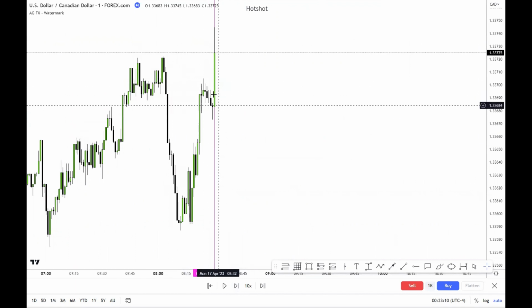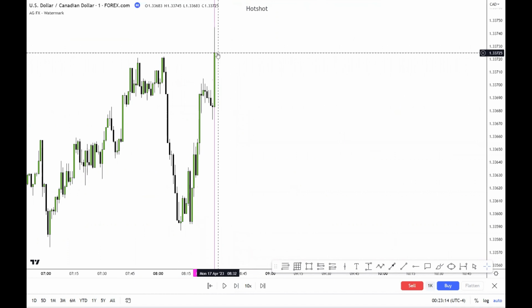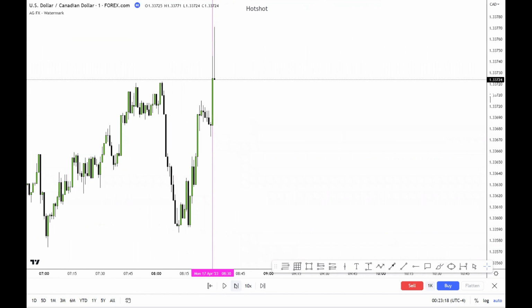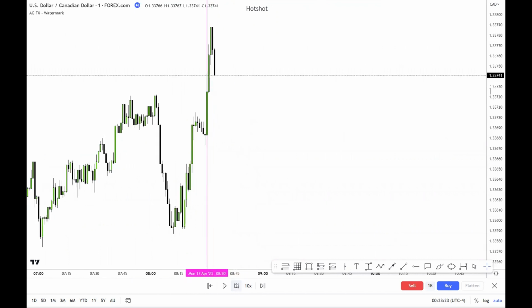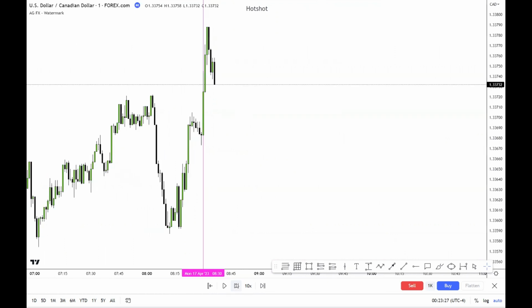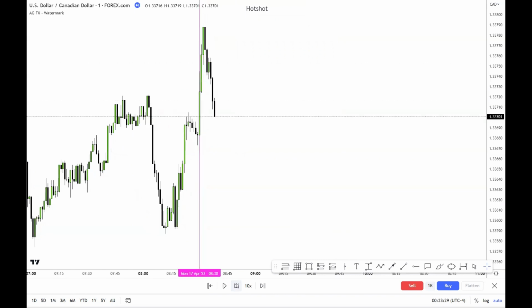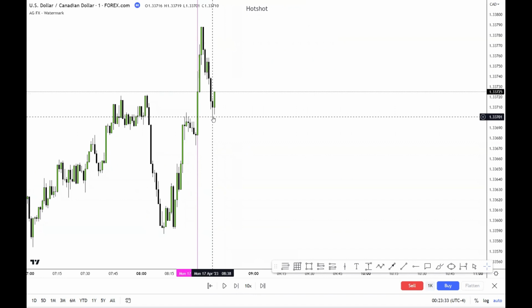All right, so 8:30 news came out. Take out liquidity. Let's see if it comes down here. Market structure shifts or something. So that would be the market structure shift point.